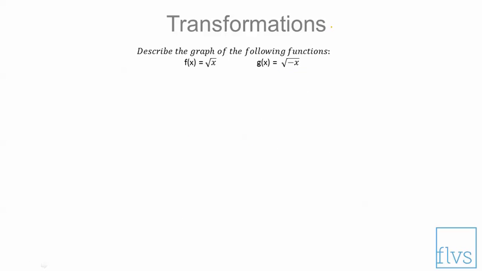So here, same thing. No negative in the front. There is a negative here, so that means that there is a reflection, and it is a horizontal one because it's inside. So I would say that this one, when I'm describing it, I would say reflection across the y-axis. And now I've described that one.